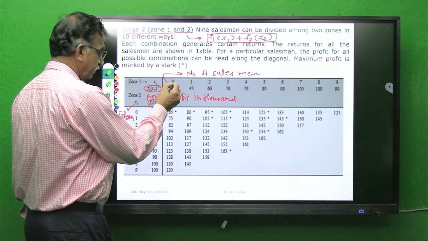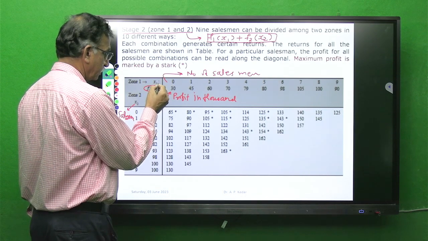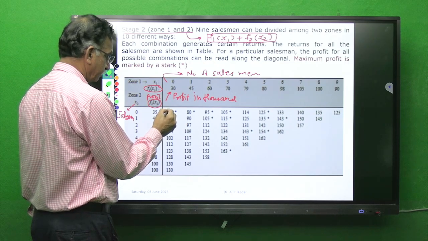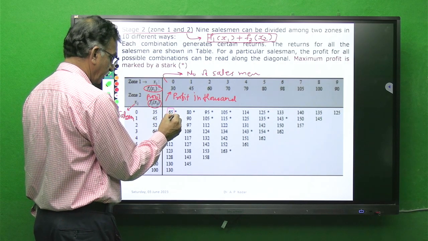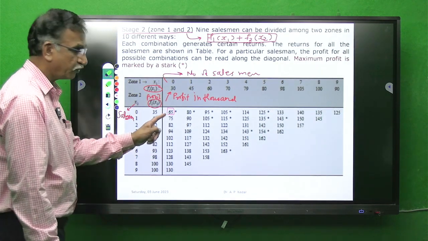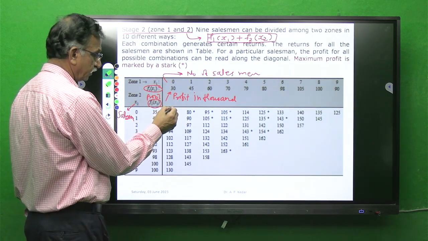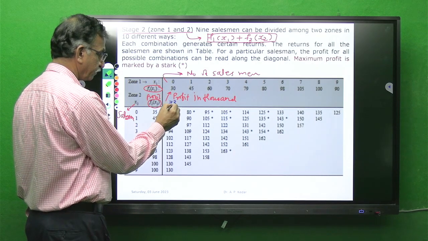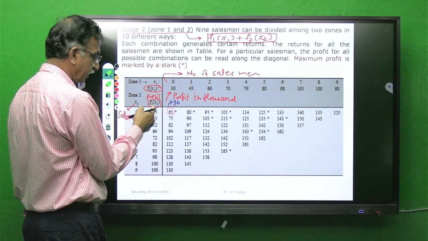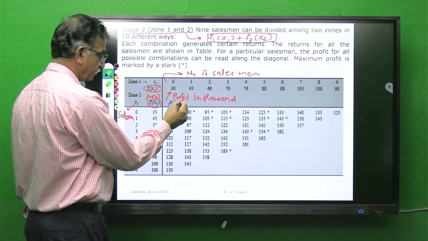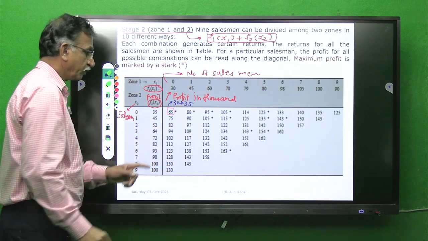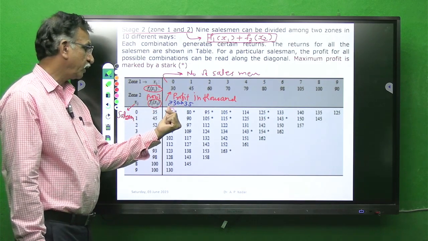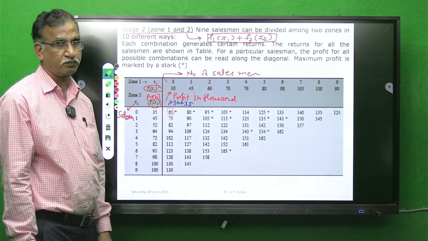So 0 salesman, zone 1, 0 salesman, we get this value. I am highlighting 65. How is this 65 obtained? 65 is the sum of this 30 and for 0, 35. So 30 plus 35 without any salesman, f1 x1 plus f2 x2 will be 65.